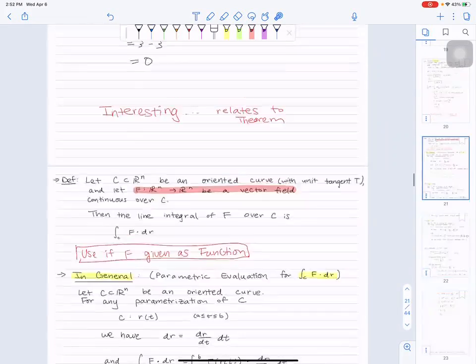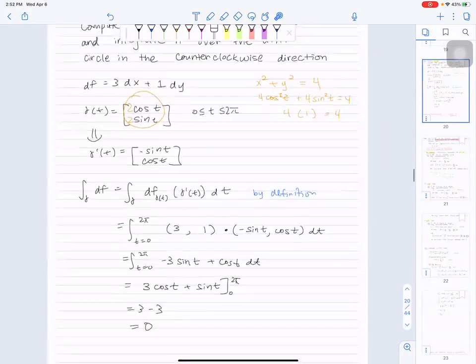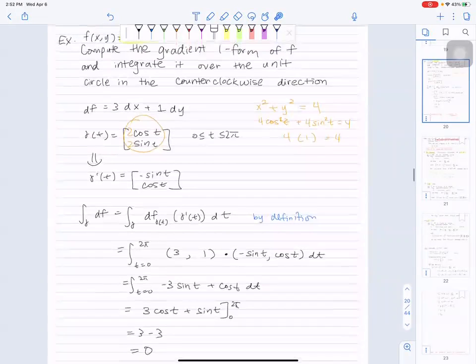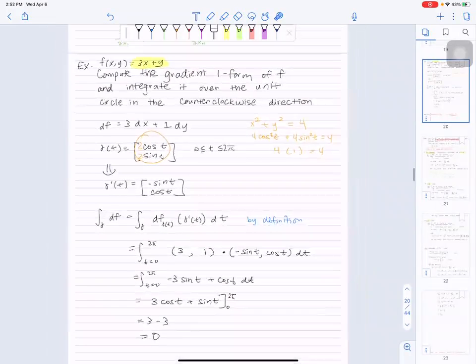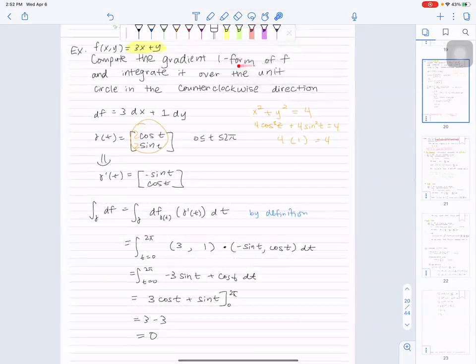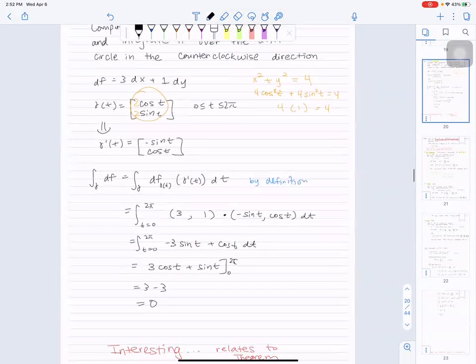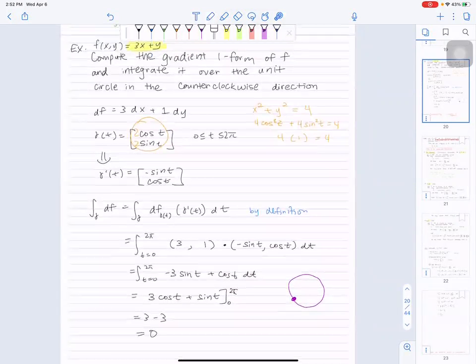What does it mean, the fact that we got 0? Because we're integrating over the unit circle, which is considered a closed loop, the end point and the start point are the same. I guess it means everything cancels out when you're doing the dot product.